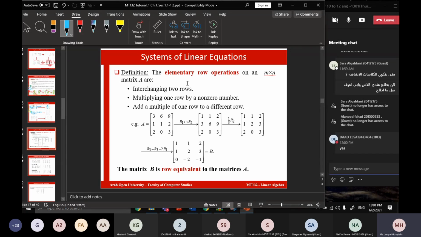We call these elementary row operations. Type what we can do: interchanging 2 rows. The second, we can multiply 1 row by a non-zero number. The third, we can add a multiple of 1 row to a different row.